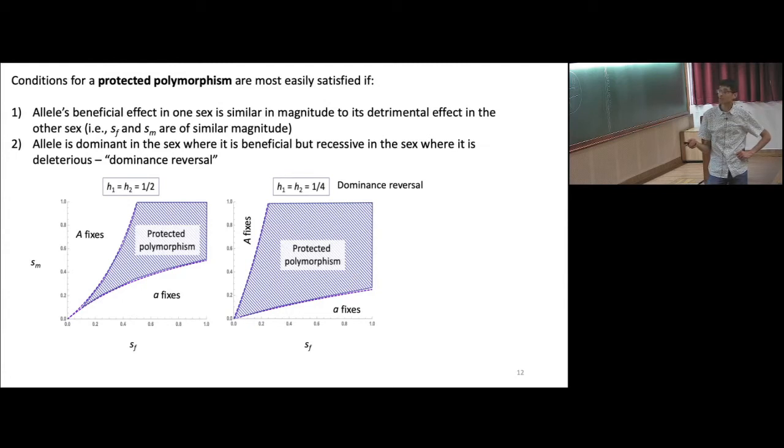And you can see that a very small fraction of that space satisfies this condition to maintain a polymorphism. However, you can vastly broaden this if you make a different assumption about dominance. Actually, I'm going to move on and I'll return to that later.